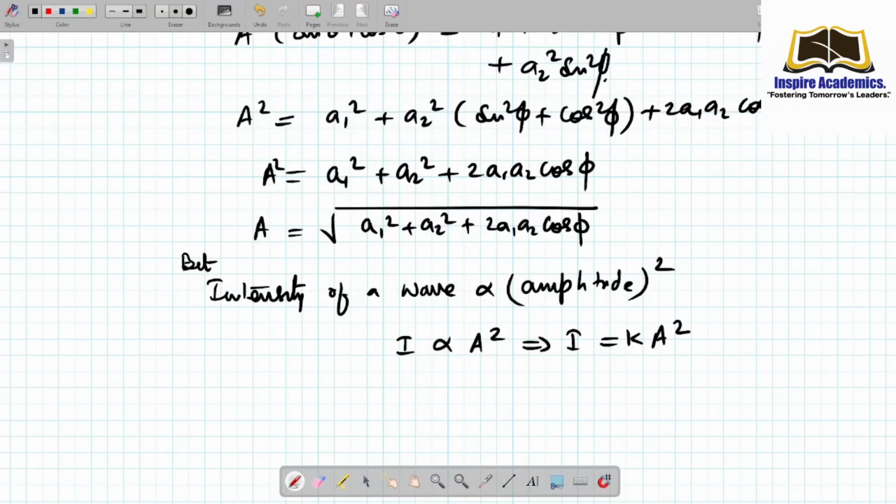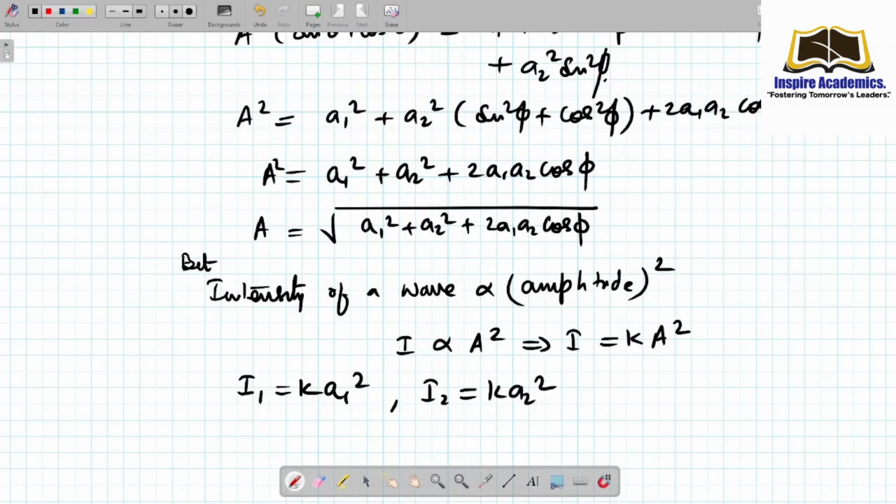Okay. Similarly, for individual waves, I can write them I1 as k times a1 square and I2 as k times a2 square. Okay. So let us write down the final expression.